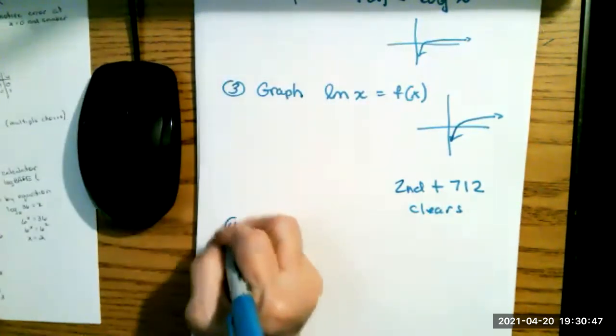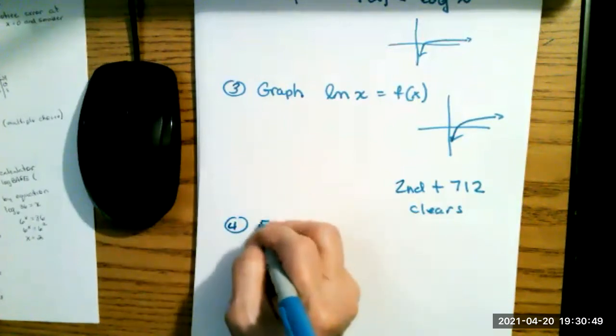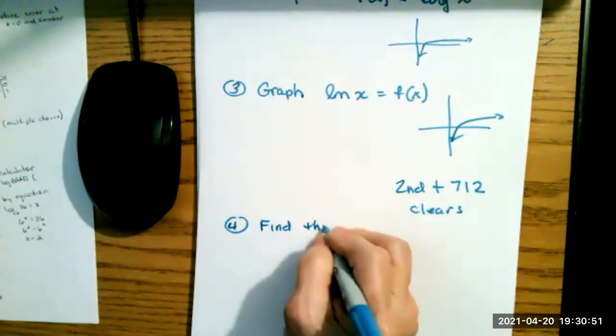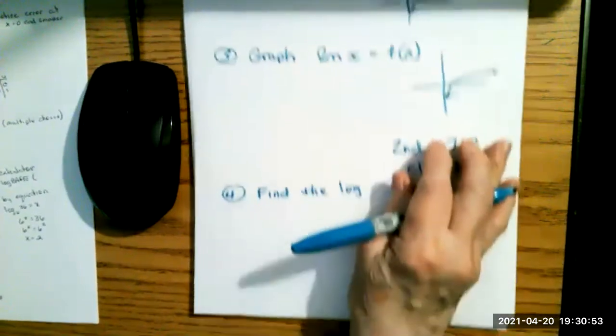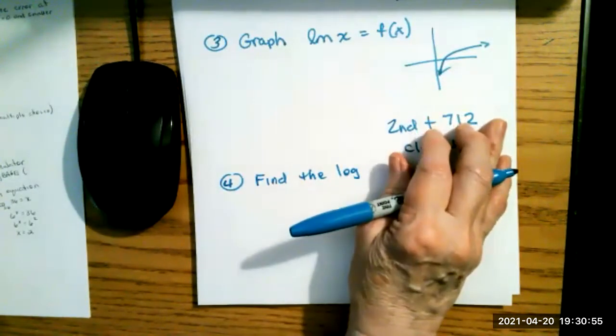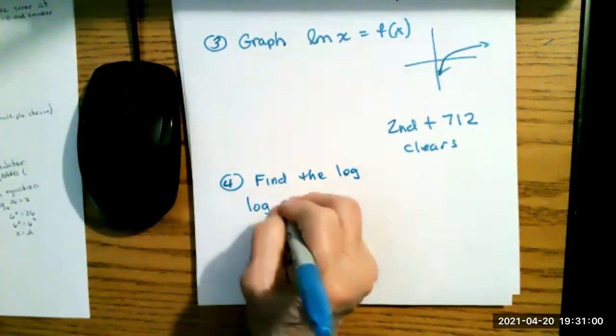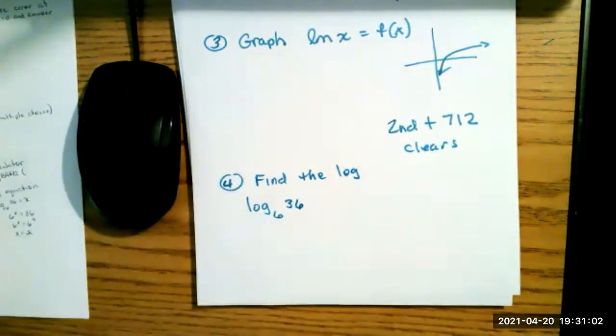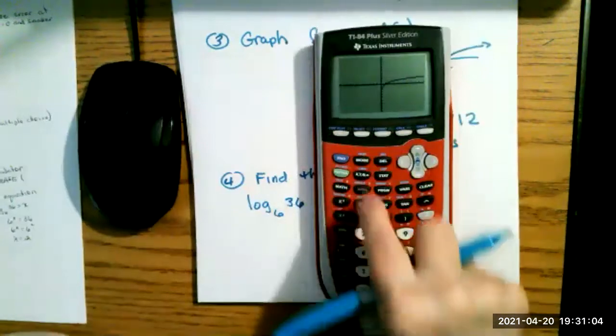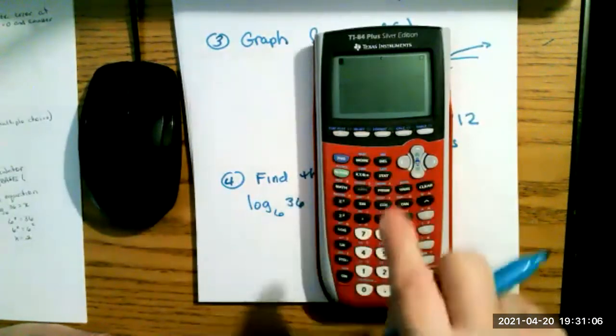All right, let's do number 4. It says find the logarithm. This is going to be a number. We're going to figure out a couple of ways to do it. We've already done this one before, but we're going to do it again. Let's do it using our little handy dandy math key.